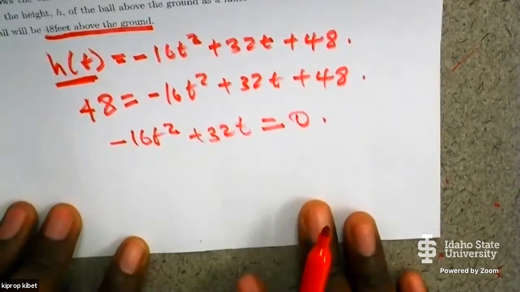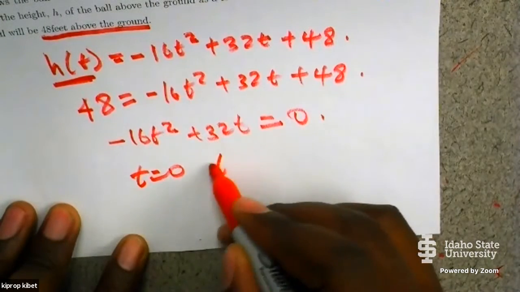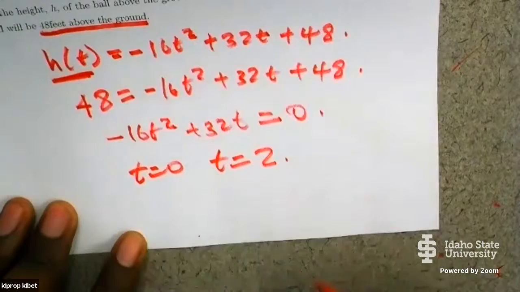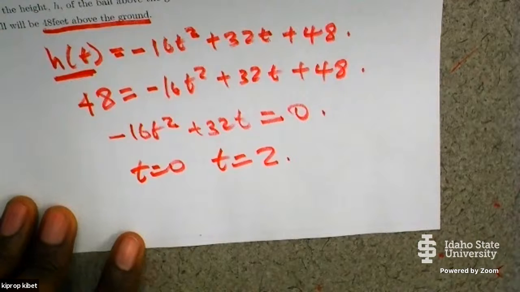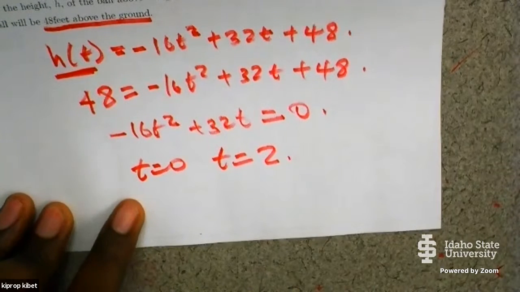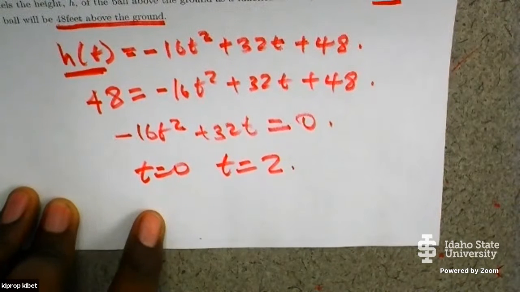So we got t equals 0 and t equals 2 using the zero product property. So the times the ball will be 48 feet above the ground are t equals 0 and t equals 2.